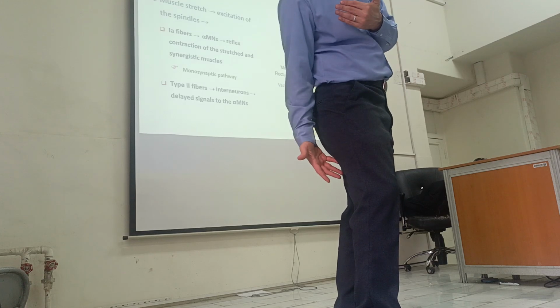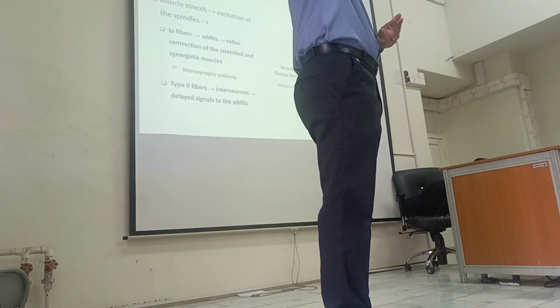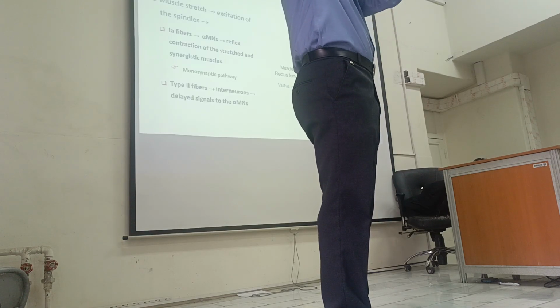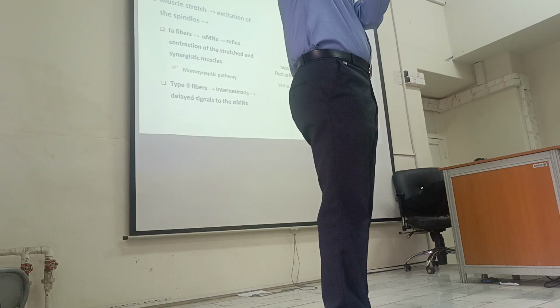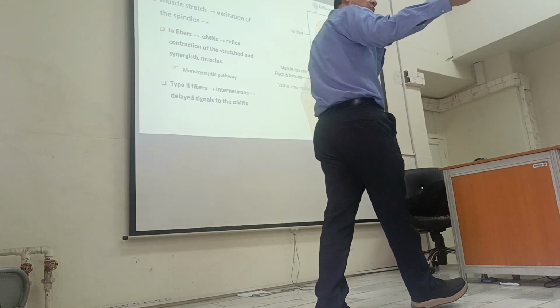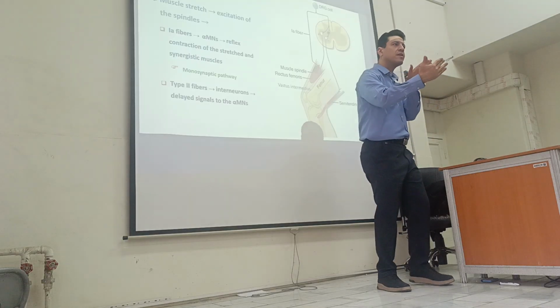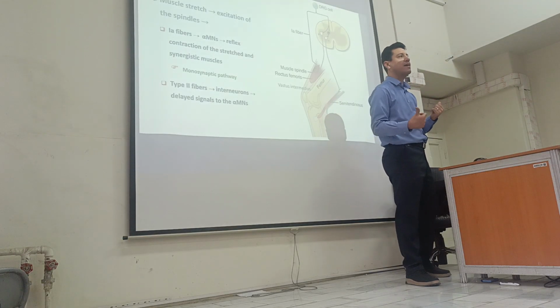What happens with the opposite muscle? It is relaxed. Why? Because we have two branches in the spinal cord. One branch directly activates the alpha motor neuron to the same muscle. The second branch activates an interneuron which inhibits the alpha motor neuron to the antagonist muscle. At the same time that we have contraction in the agonist, we have relaxation in the antagonist.